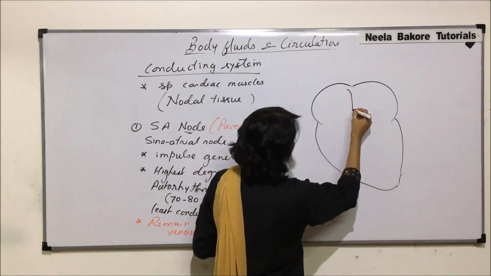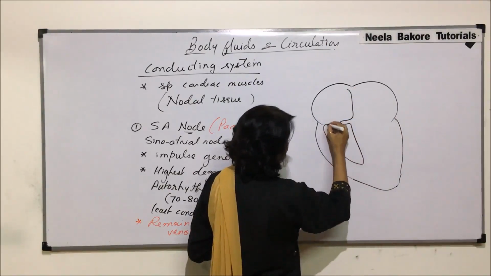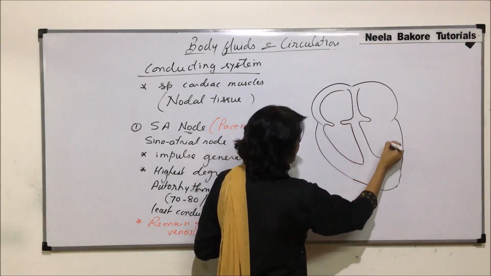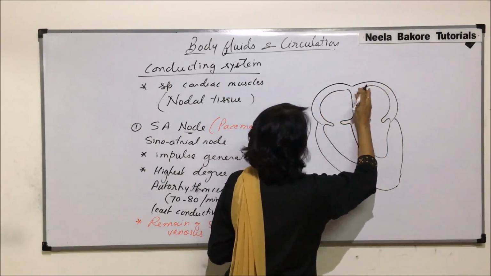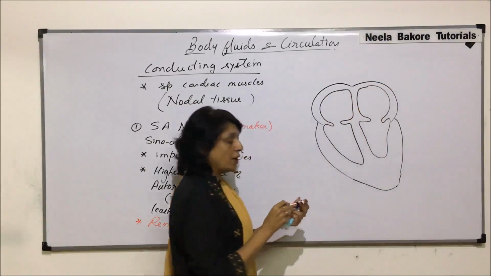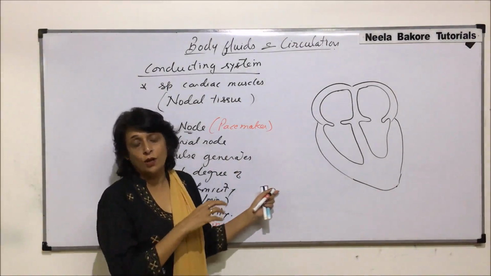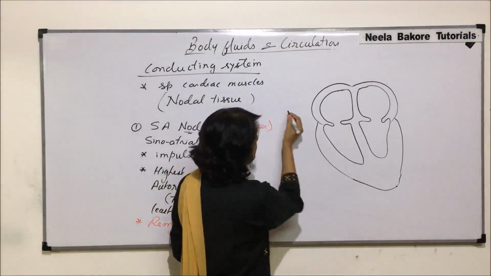This is the interauricular septum, then the interventricular septum, the valves. So these are the four compartments, and because our focus is only on the conducting system, we are not drawing the papillary muscles and all those things. So let us label these parts.